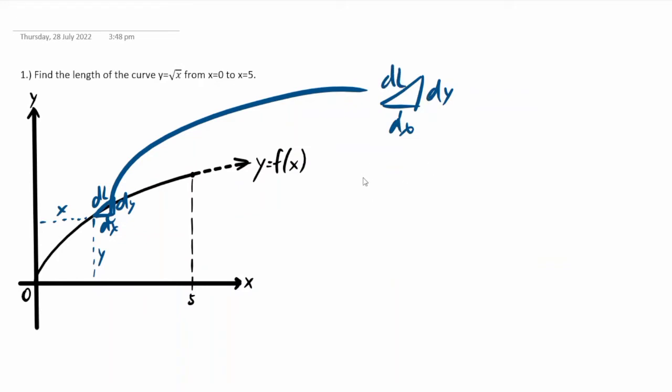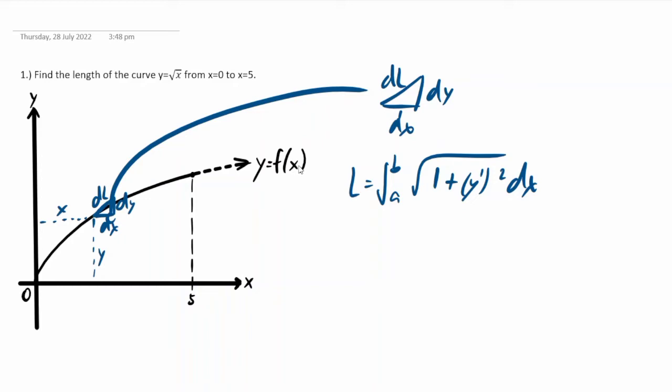So if you remember, we are going to be using the dx strip here. If you remember the formula, it is L equals the integral from a to b of the square root of 1 plus y prime squared dx. Now, first let's solve for the y prime.